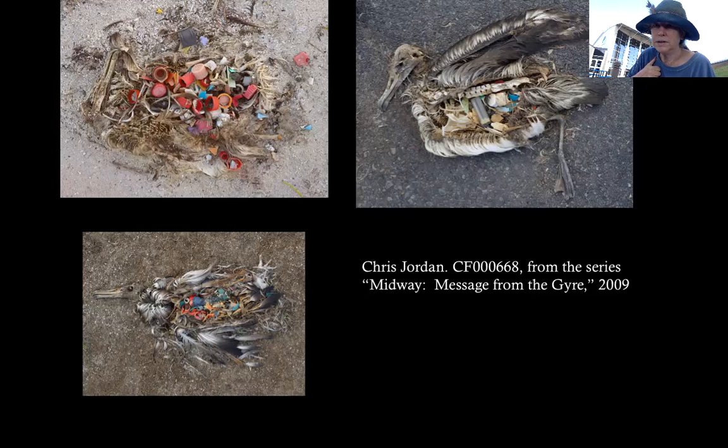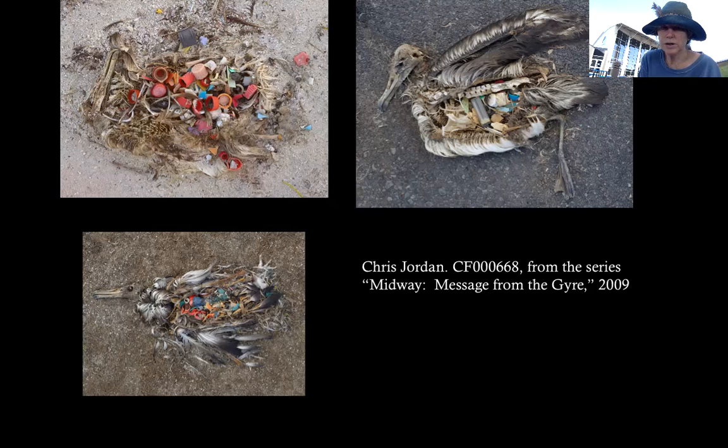So the albatross birds can't tell the difference between fish and plastic. So when they're out there scooping things up with their bills, as they have for hundreds of thousands of years, they inevitably scoop up plastic, and then they come back and regurgitate that into the gullets of their chicks. And sadly, the chicks often then die.